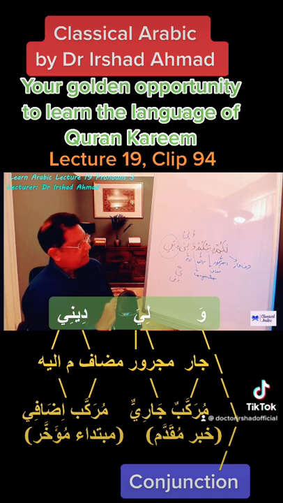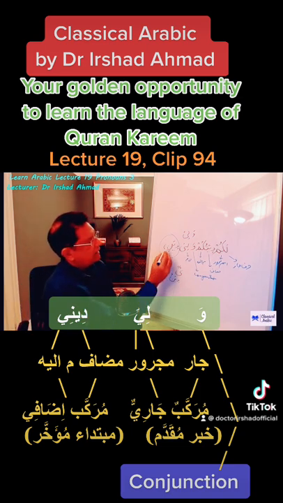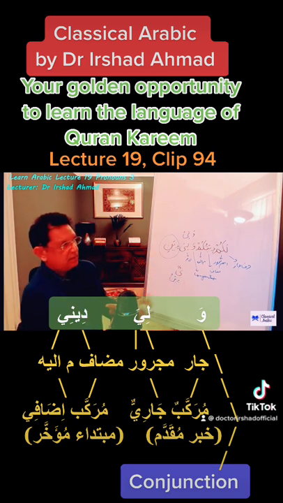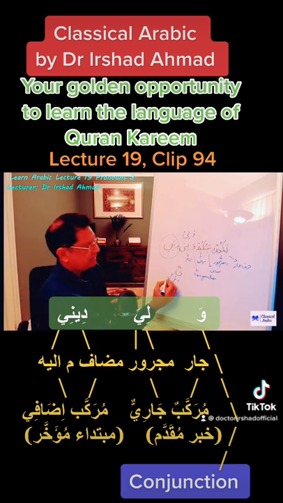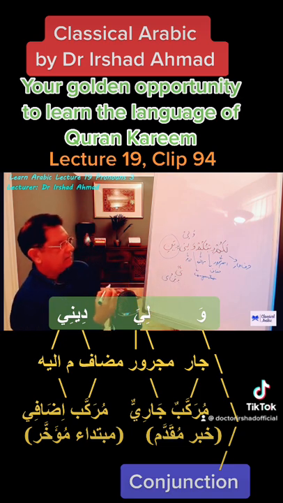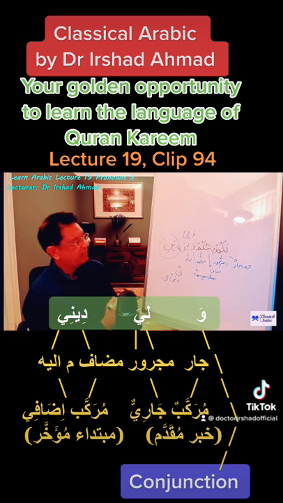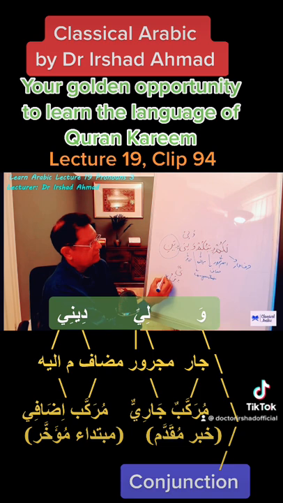So that will be deenu, and because it's my deen, there will be ya here. Deenu, ya. Ya will either take sukoon or it will take fatha. So we cannot really pronounce it properly.